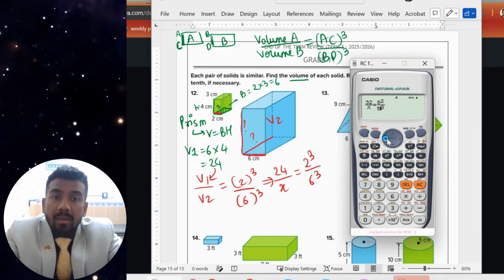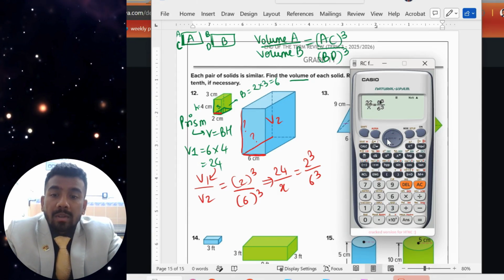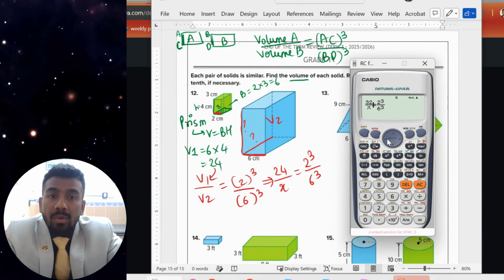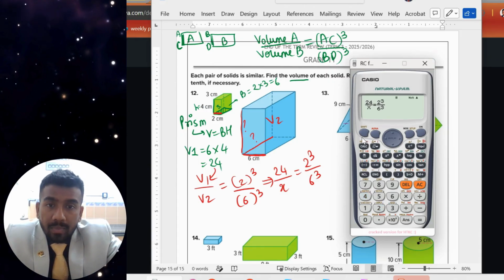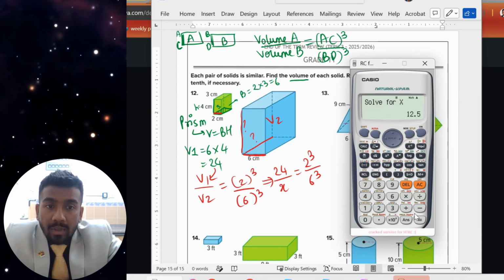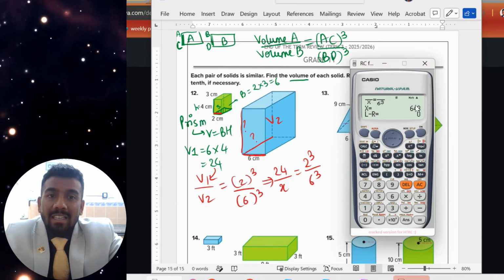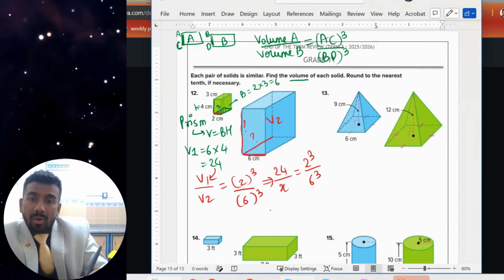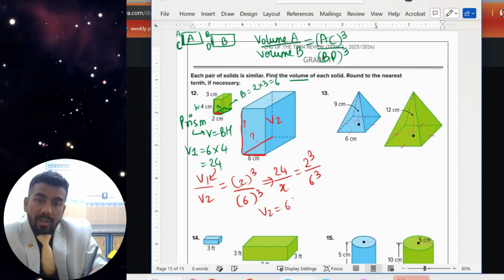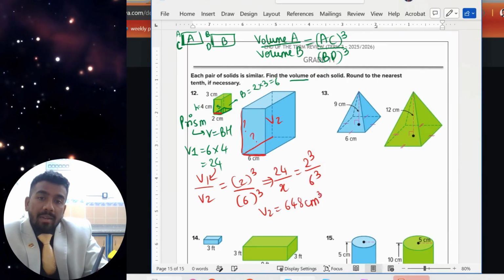That's 3, that's 6, that's 3, that's 2, that's 24. So shift solve equals. What's the volume you get? 648. So V2 will be 648 cubic centimeter, or centimeter cube.